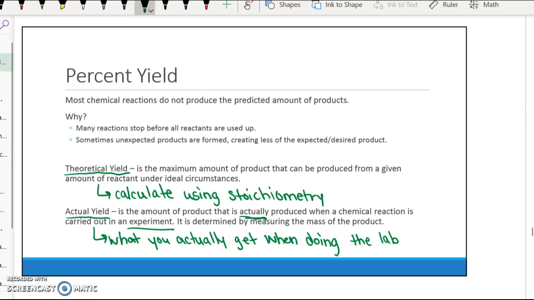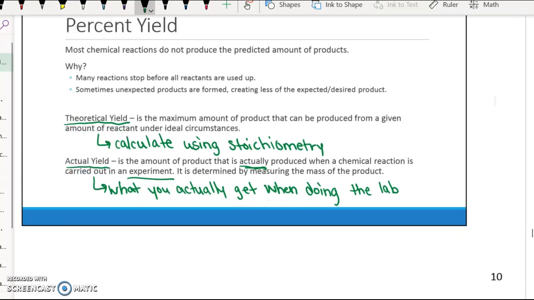It's like you do the lab and you get 15 grams when you measure it or something like that. So this is what happens when you do the experiment yourself. What you get versus the theoretical, which is if you did it perfectly, what you should have gotten.